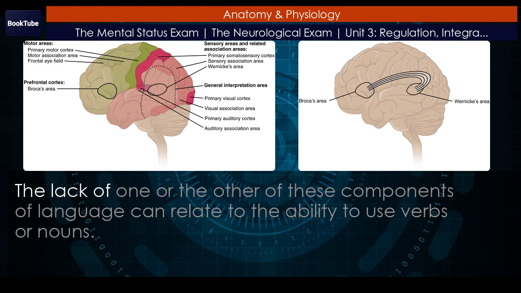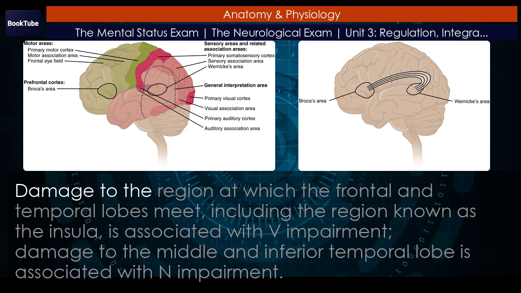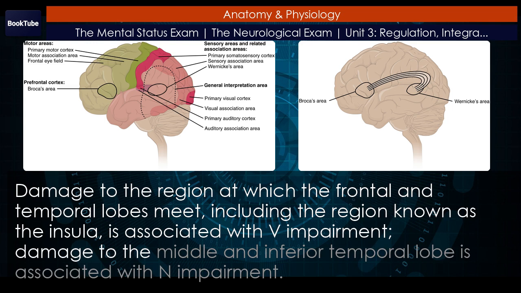The lack of one or the other of these components of language can relate to the ability to use verbs or nouns. Damage to the region at which the frontal and temporal lobes meet, including the region known as the insula, is associated with V impairment. Damage to the middle and inferior temporal lobe is associated with N impairment.